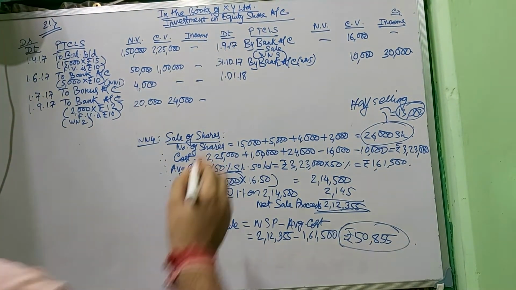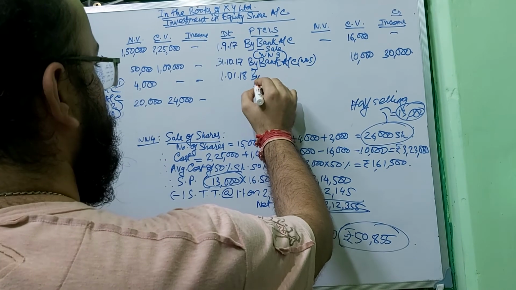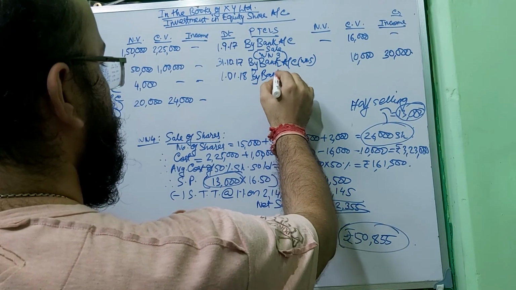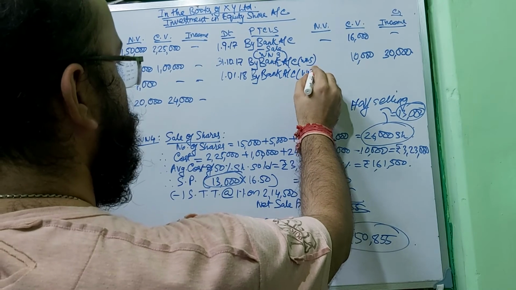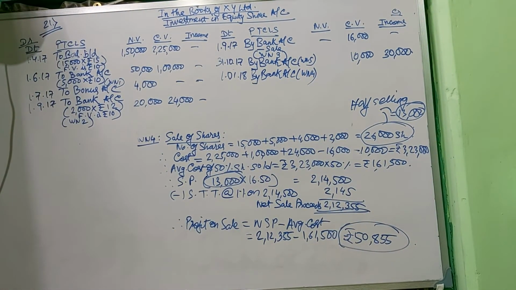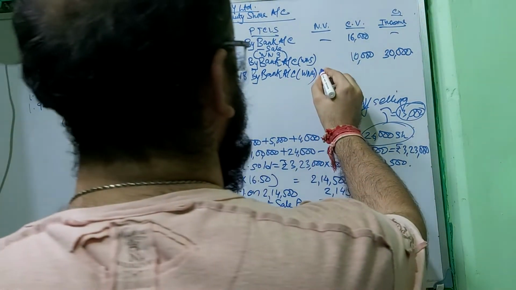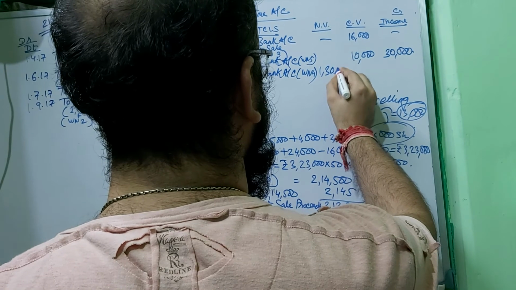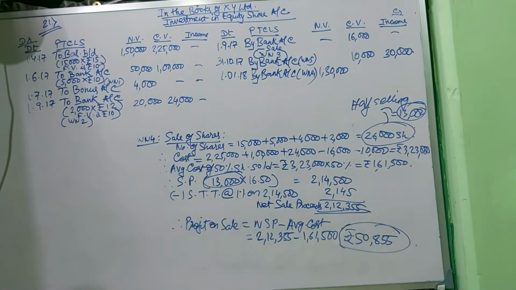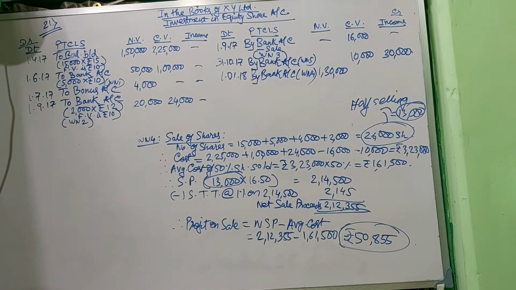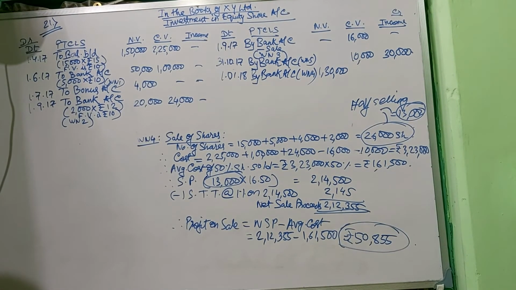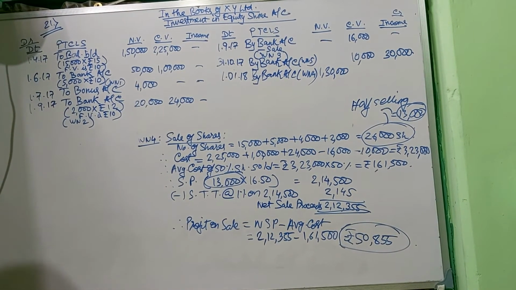Okay, so by bank, working for it, it's 13,000 into 10 means 1,30,000 nominal value, and capital value 13,000 into 16.5 minus security transaction tax, which is net sale proceeds, coming 2,12,355.